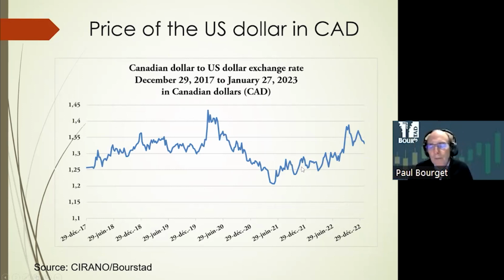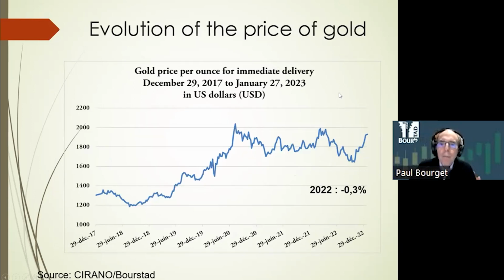So it means that the Canadian dollar had a lower value at the end of the year than at the beginning of the year, because it cost you $1.38 at some moment last year to buy a single US dollar.